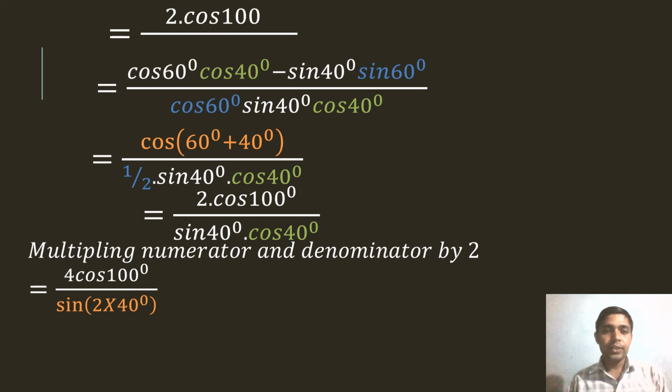Here we are replacing, we are getting in the numerator cos 60 plus 40 as cos 100, and in the same way the denominator we have got as sin 40 into cos 40, and in this denominator we have to multiply 2 by 2, so that we have it in the form of sine 2 theta, and as we have multiplied we have got sine 80 degree.